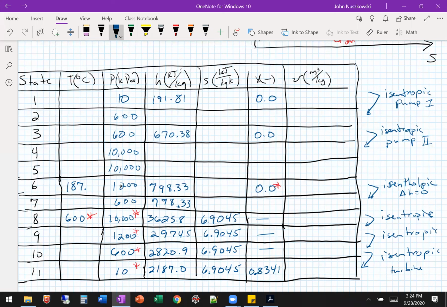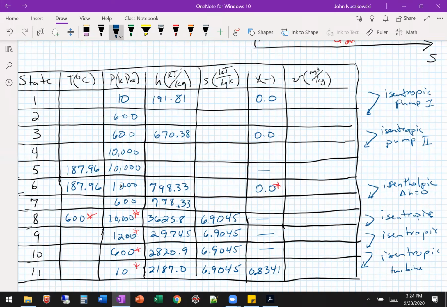So that's the toughest understanding of that problem for this table. We get 187.96, and it's the same at 5. And then this is a compressed liquid at state 5.